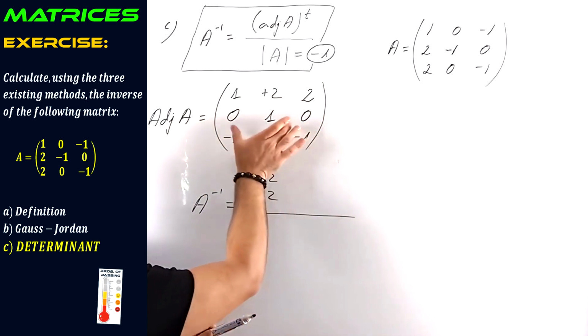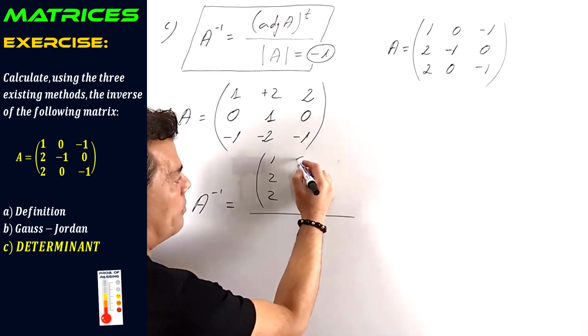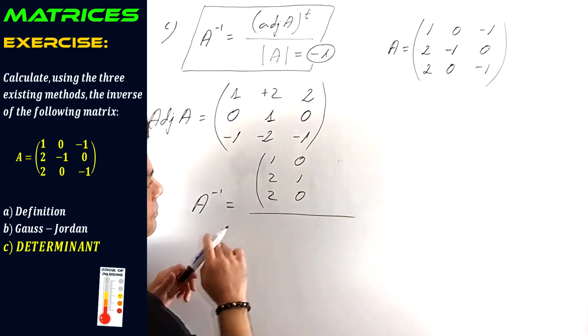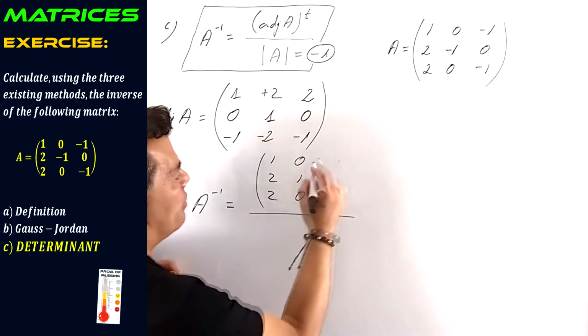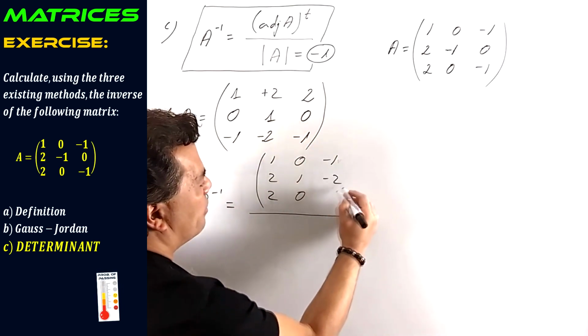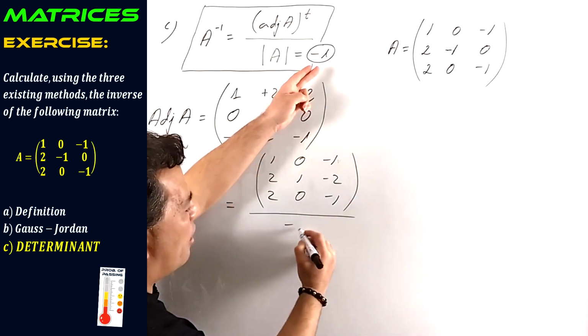Let's take the second row and turn it clockwise to form the second column. 0, 1, 0. And finally, let's take the third row and turn it also to form the third column. Divided by -1.